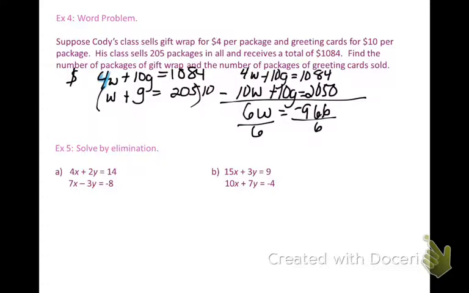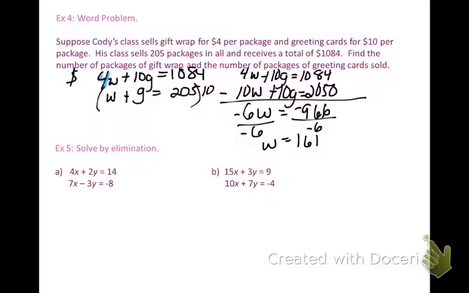And your answer would be -161. Sorry, I mean they would sell 161 things of wrapping paper.